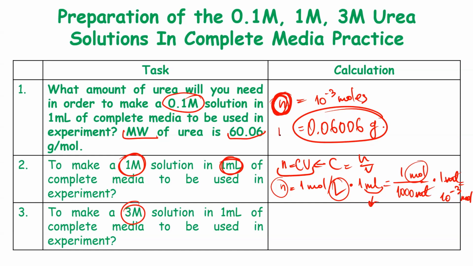This is mass. Yes, of course, mass. So the mass is equal to n times molecular weight. Or in other words, the amount of substance n is equal to mass divided by molecular weight.